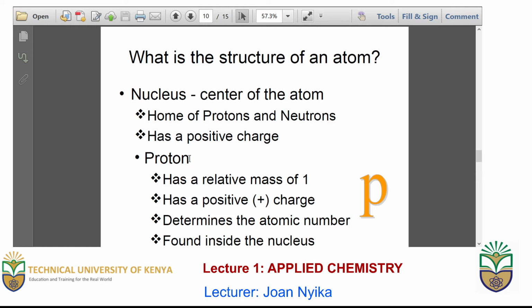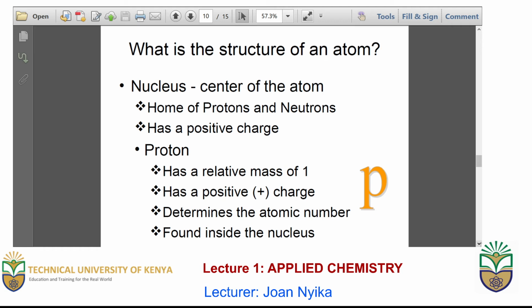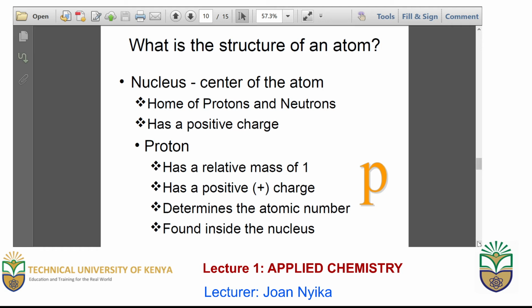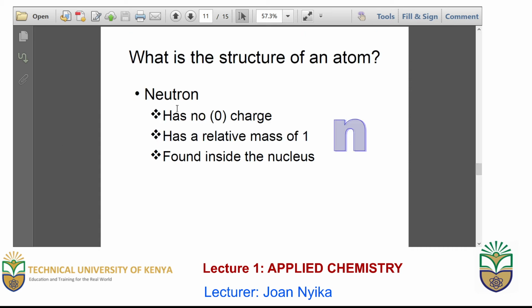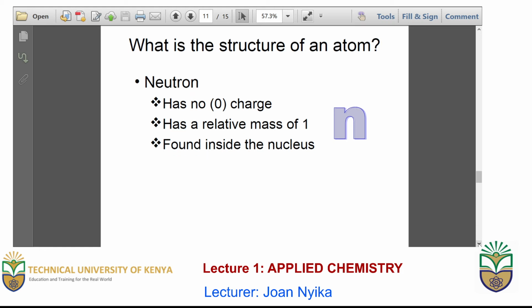So what is a proton? A proton has a relative mass of 1 and it is positively charged. It determines the atomic number of an element and is found within the nucleus. What is a neutron? A neutron has no charge. It has a relative mass of 1 and it's also found in the nucleus, just as the protons.